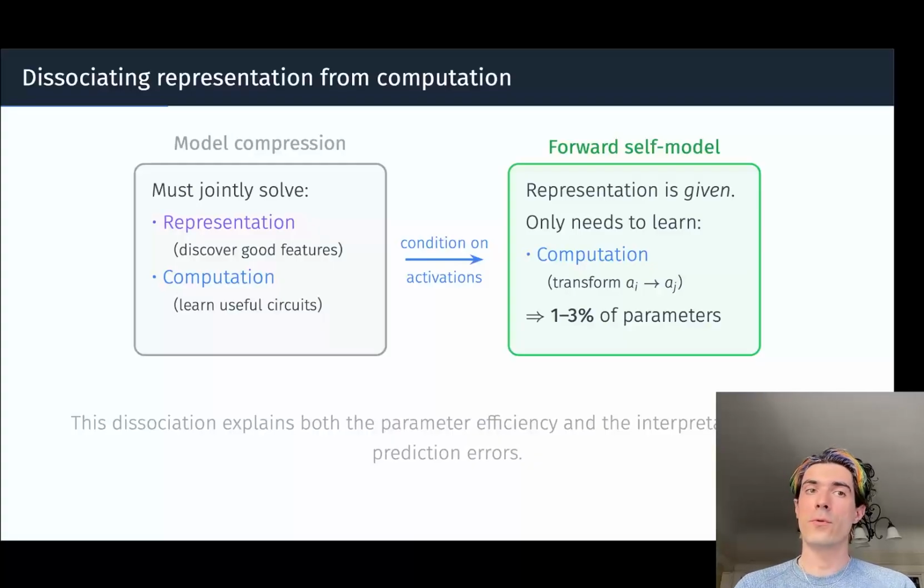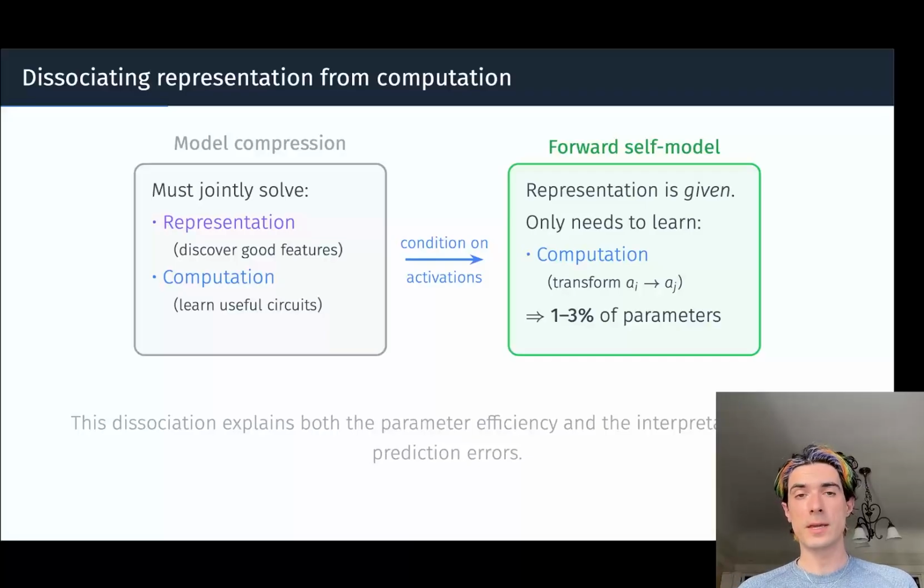So the reason that forward self-models are interesting here is because they condition on the representations. If you recall, we're just predicting activations given other activations. And so the forward self-models really inherit the representational basis of the main model, meaning that what they need to learn is purely just a compressed basis of the computation that goes on in between, rather than needing to find their own representations of the data.